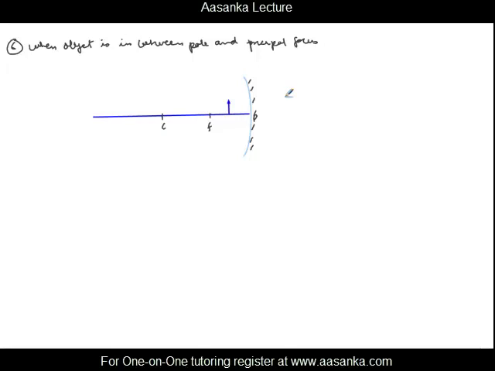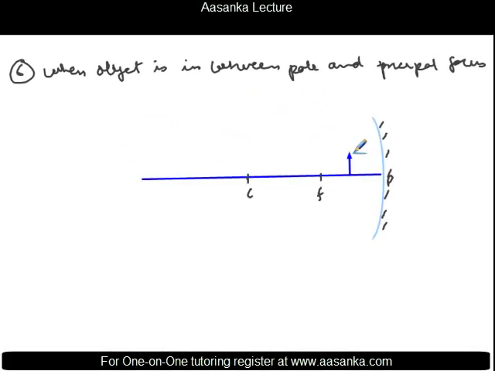This case is again solved using the basic principles, and that's why I keep saying remembering basic principle is the critical thing. Take the ray parallel to principal axis, and then after reflection this ray will pass through the principal focus. This we have been seeing number of times now.